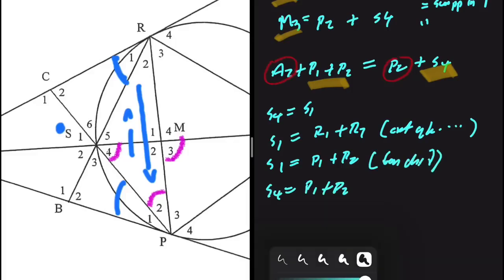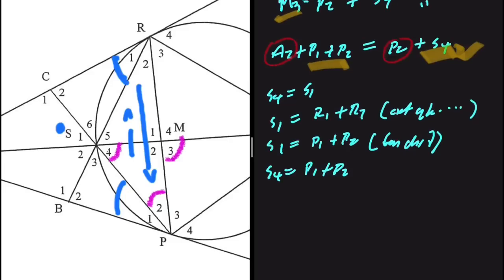Okay, so let's come back to this equation that we're interested in. We can replace S4 with P1 plus P2 because we have shown that S1 is equal to R1 plus R2, which is equal to P1 plus P2, and S4 is equal to S1, which is equal to P1 plus P2. Okay, so we're going to have A2 plus P1 plus P2 being equal to P2, in place of S4, plus P1 plus P2.